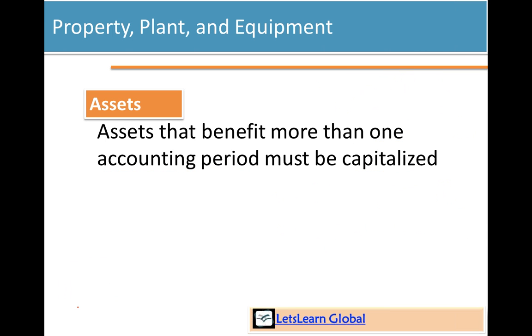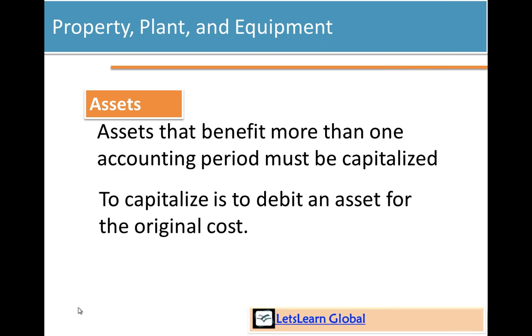So the thumb rule is that the benefit should be greater than a year, therefore it has to be capitalized. Capitalized means debit an asset and credit bank or supplier's name.